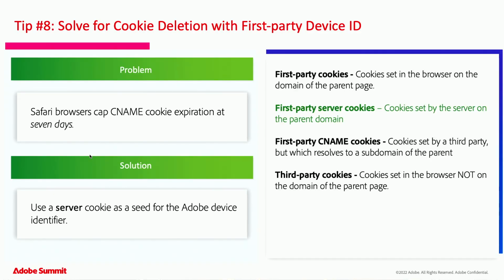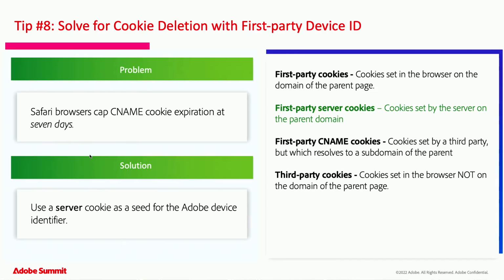So I'm not expecting you to read all these cookie types, but these are sort of the 4 ways that I think about cookies, right? We've got third-party cookies. We're not even going to talk about first-party CNAME cookies, which is what Adobe is using. Also, just straight first-party cookies set by the Adobe server using a CNAME, and first-party cookies set by your server.